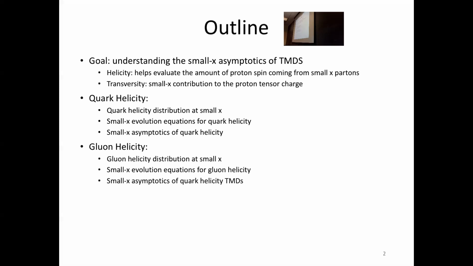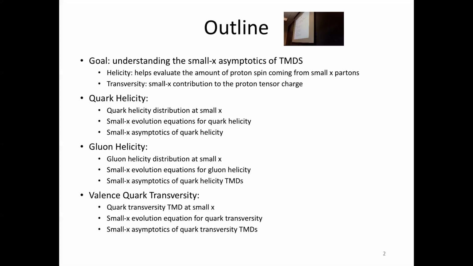You take gluon helicity and you follow the same prescription. You massage the gluon helicity TMD at small x. You write it in a form which is convenient to evolve at small x. I'll explain what that means. Write down evolution equations and solve them to find the asymptotics. And then repeat for, say, the valence quark transversity, again, if I have the time.